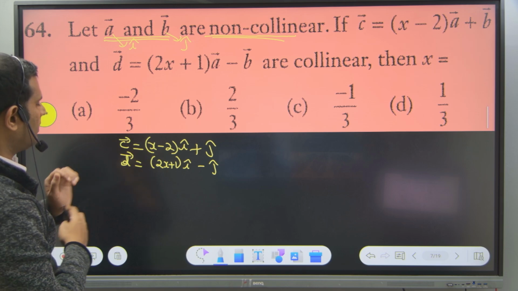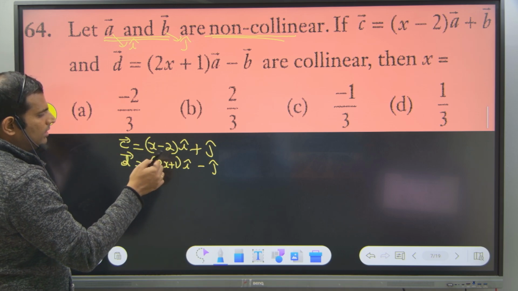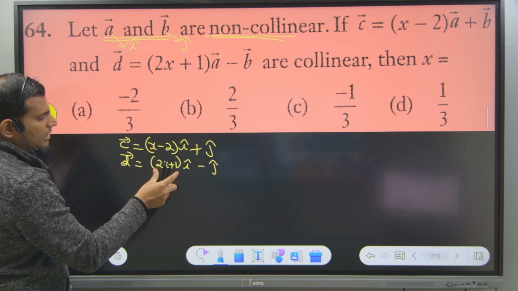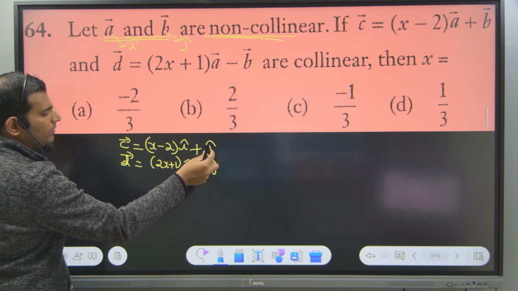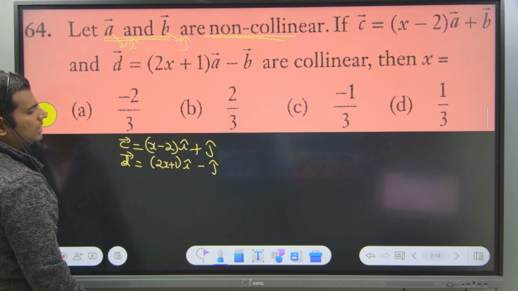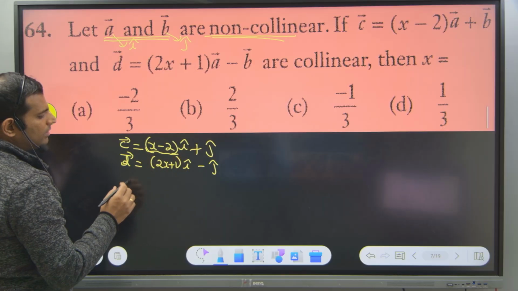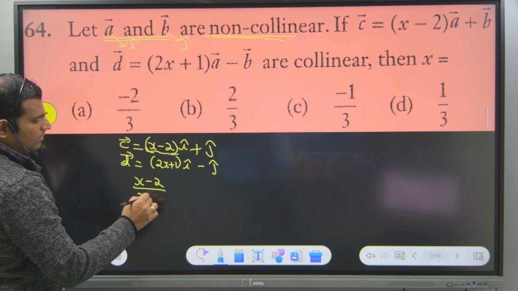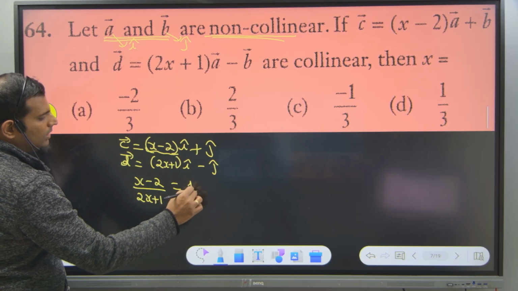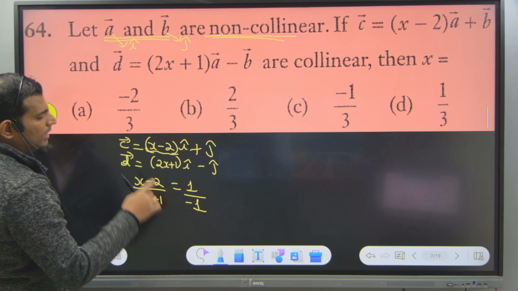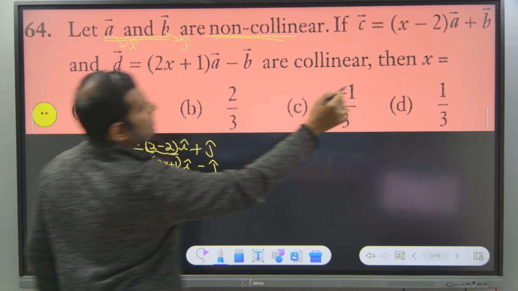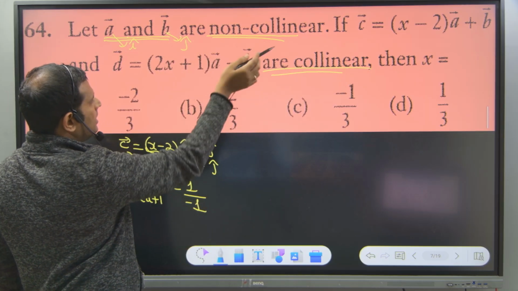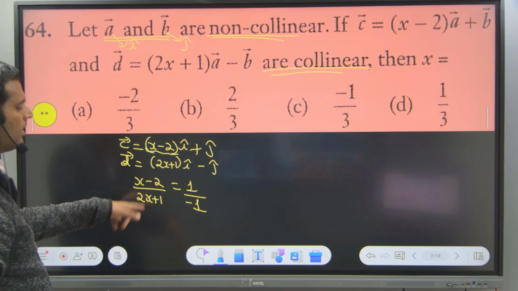Now, last class we saw if two vectors are collinear like this, the i cap coefficient of the first divided by that of the second should be equal to the j cap coefficient of the first divided by that of the second. So what is the coefficient of i cap here? x minus 2 divided by 2x plus 1 is equal to 1 divided by minus 1. Why am I doing this? Because they are saying vector C and D are collinear. A and B are not collinear, but C and D are collinear. So now we just have to solve this.